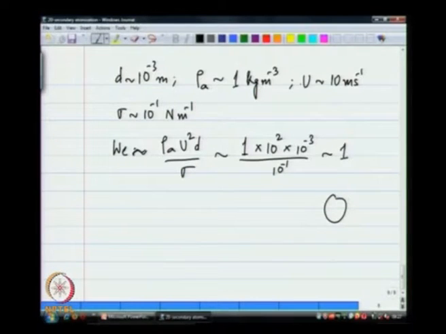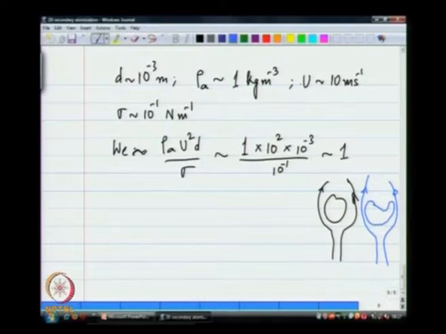If I take a sphere initially under some air flow, after some deformation this may become something like a pancake, and the moment you have this sort of flattening out, this process is only going to be accelerated further until you start to get some kind of a breakup. Okay, you can imagine this, and we will see more details on this in a moment.